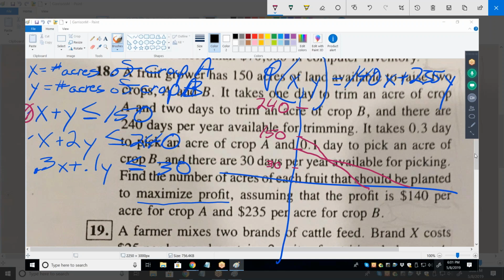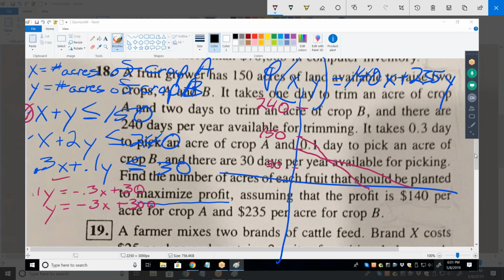And now the third equation: 0.1y equals negative 0.3x plus 30, so y equals negative 3x plus 300.